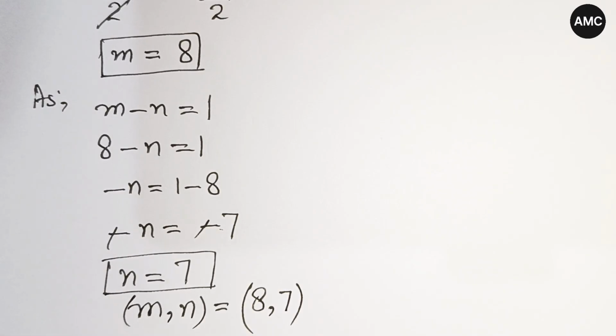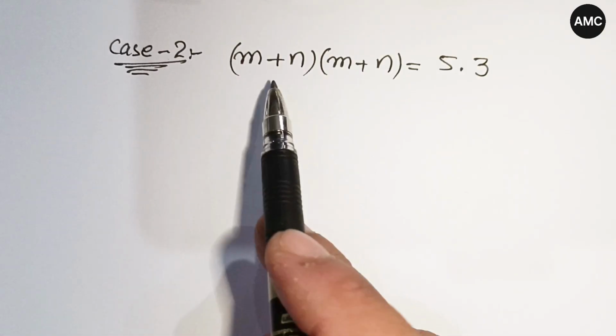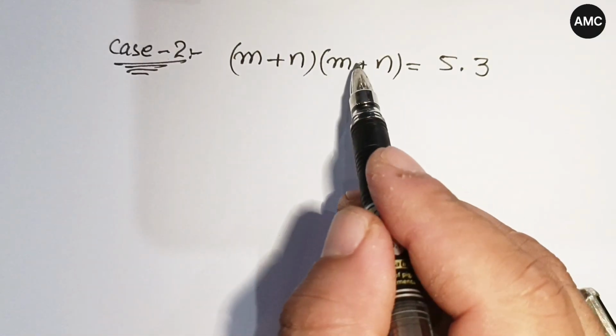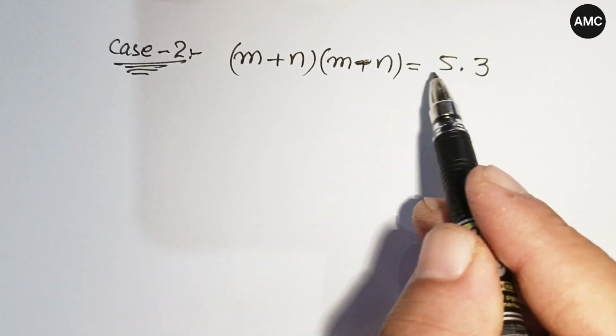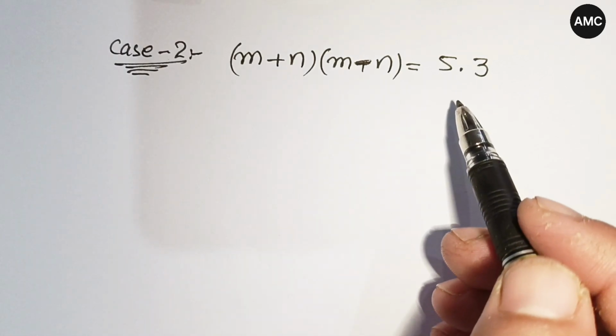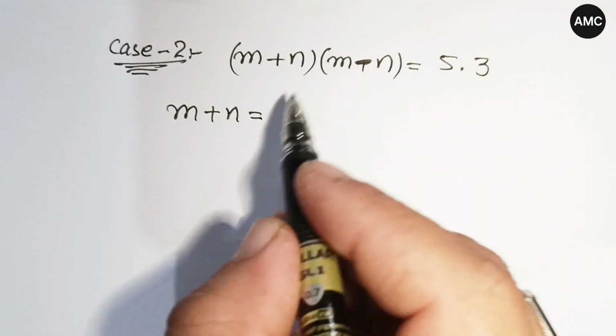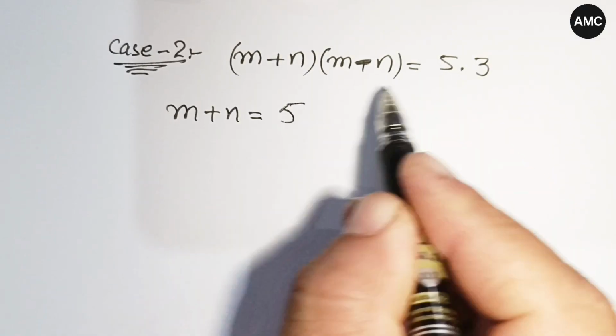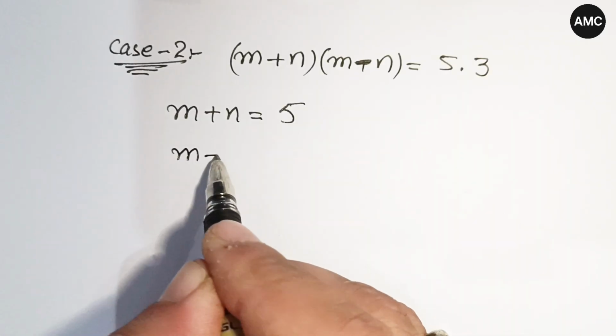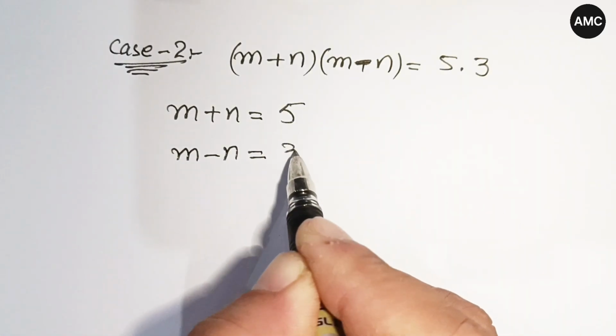Now solving the values for m and n in case number 2. So here our case 2, m plus n times m minus n is equal to 5 times 3. Now m plus n is equal to this greater factor, which is 5, and m minus n is equal to 3.